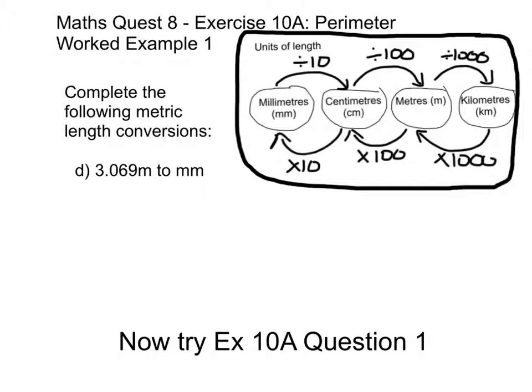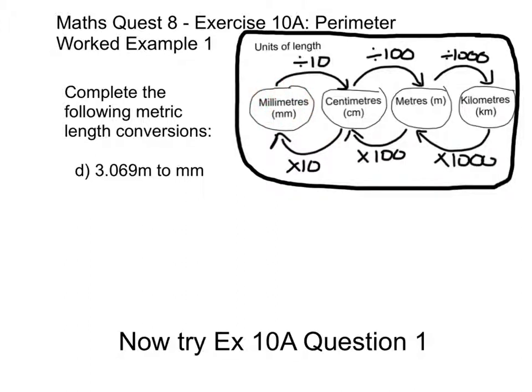Okay, the last one we need to do for this example is question D. And it's asking us to convert 3.069 metres to millimetres. So there's something different about this one. We're going to go from metres all the way over here to millimetres.